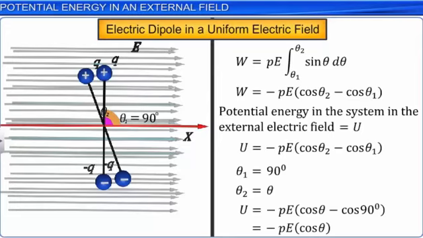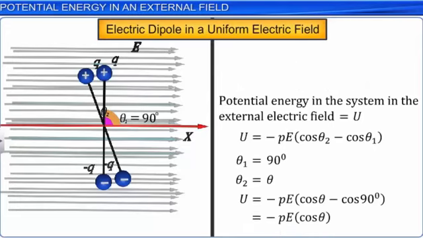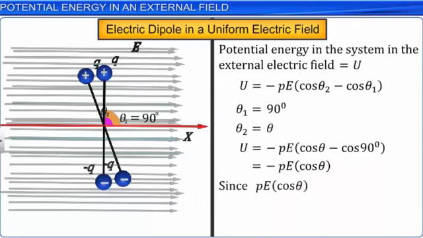We can express PE cos θ as P dot E. Then, potential energy U of the dipole is expressed as U equal to minus P dot E.